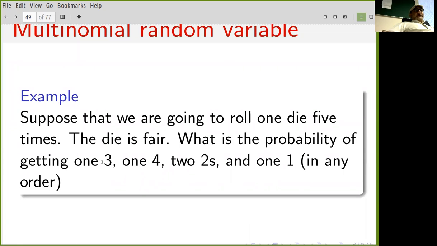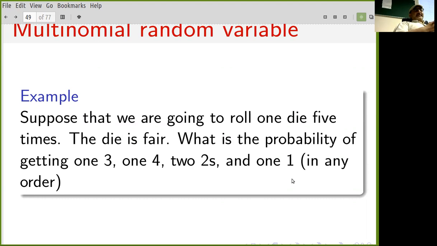Now, what's the probability of getting a 3, a 4, two 2s, and a 1 in any order? Order doesn't matter. Because the different orders are distinct, we can think of them as distinct events which are disjoint, mutually exclusive. If you get this sequence, then you didn't get the other sequence. So we can add up the probabilities, and the probability of any given sequence was 1/6 to the 5.